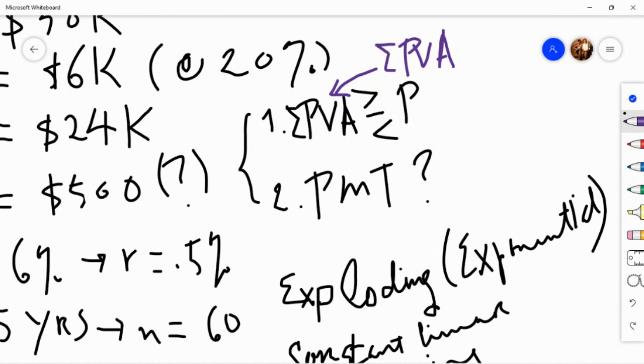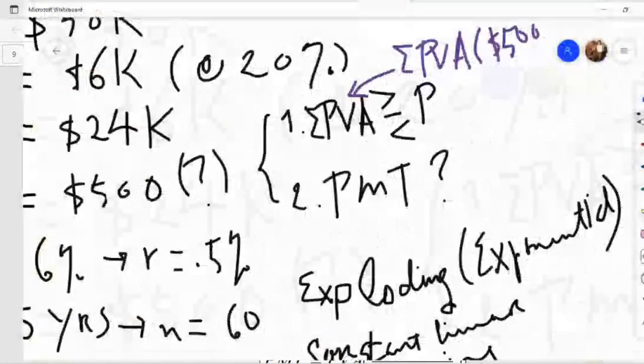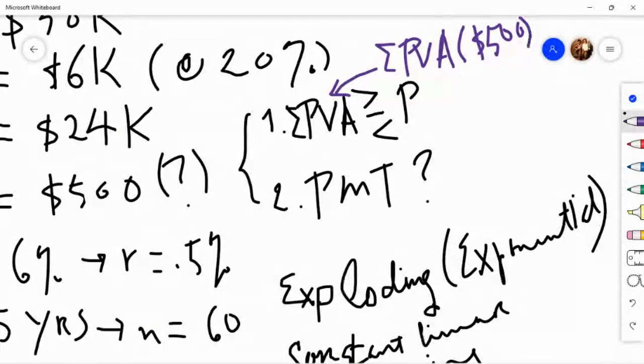Present value of all those $500, and compare it with the principal, which is 24K, right?